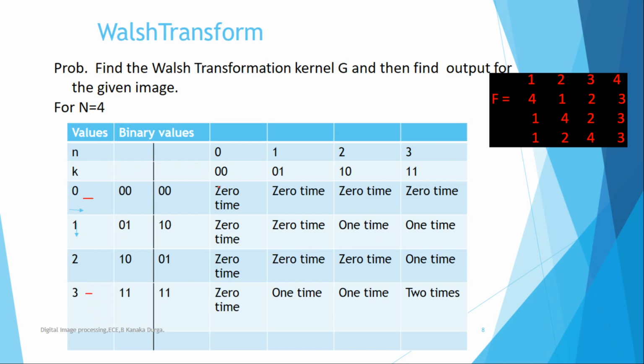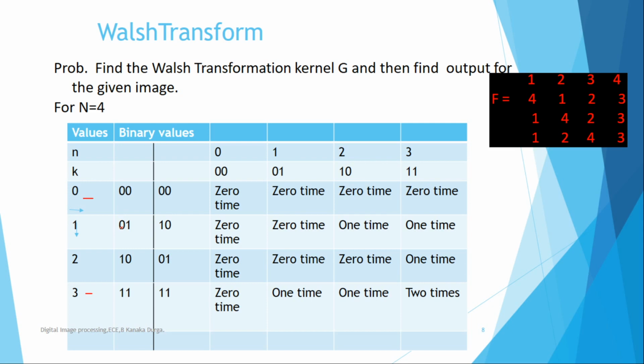Next we represent the n value and the k value in binary. 0 is 00, 1 is 01, 2 is 10, and 3 is 11, and the same for the k value.